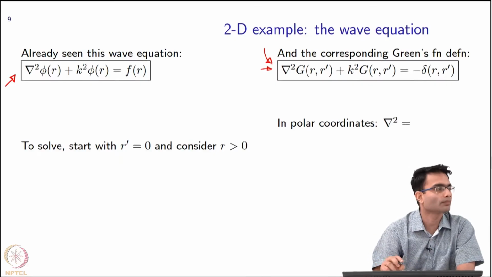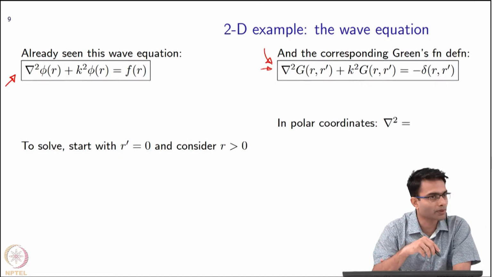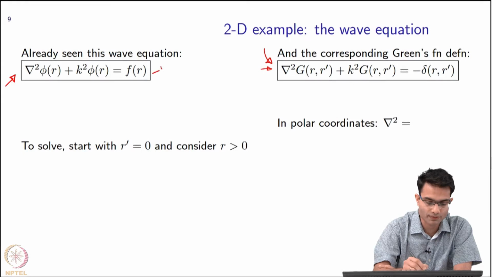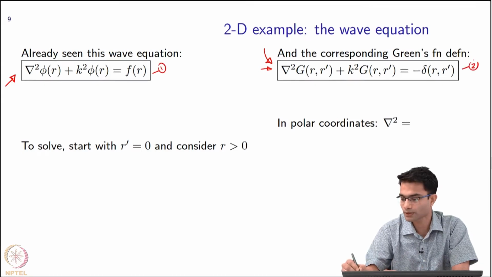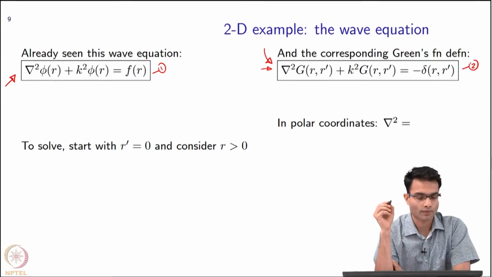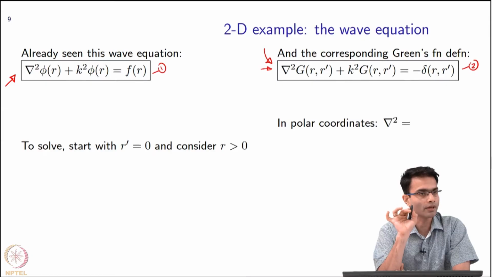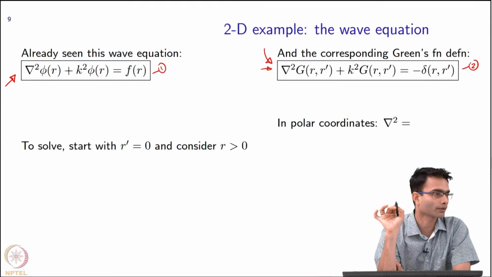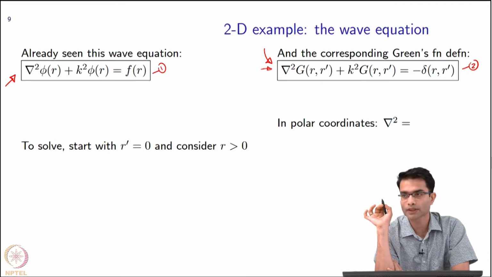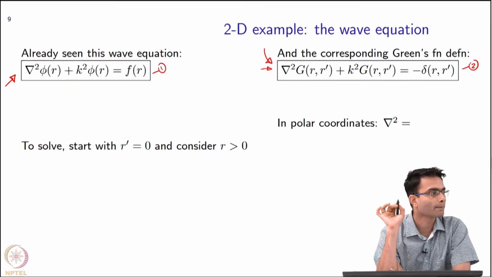Again, repeating from our previous few slides, what would be the recipe of these equations, say 1 and 2? What do I start with? Remember, the objective is phi in terms of g and f. That is what I want. For that, I need g, right. So, of equation 1 and 2, what do I begin with? 2 multiplied by what? f of r prime, right.